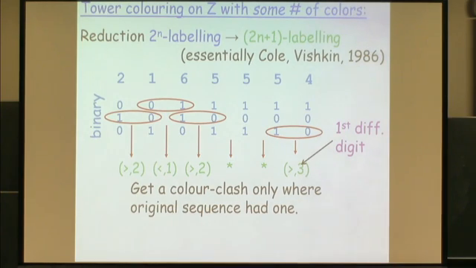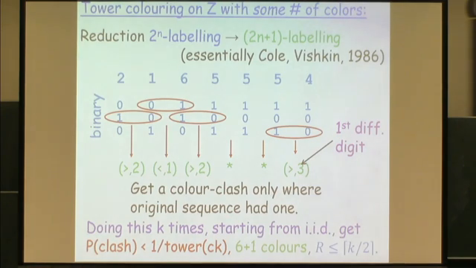Right? So the point is, by a very local rule that just involves looking at my 2 neighbours above me, I reduced from about 2 to the n colours to n colours, and I didn't really create any new colour clashes, any pairs of adjacent things that are equal.